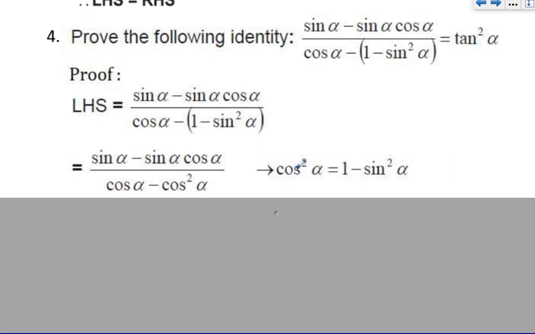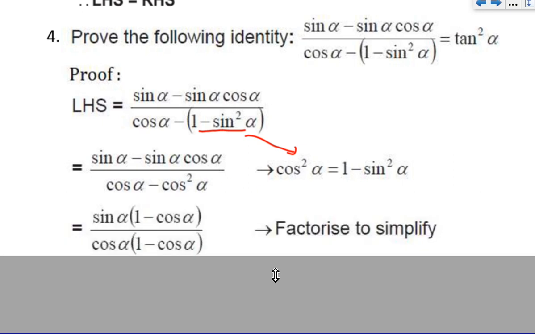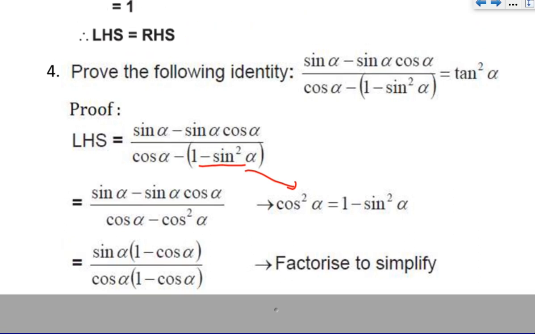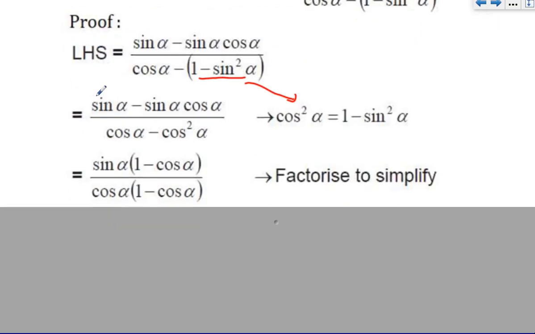They're saying to us that 1 minus cos squared alpha is equal to sine squared alpha. This part here is the explanation they make step by step. No need to rush. Look at the next step. They factorize the top and they factorize the bottom. So they remove a common factor, sine alpha.